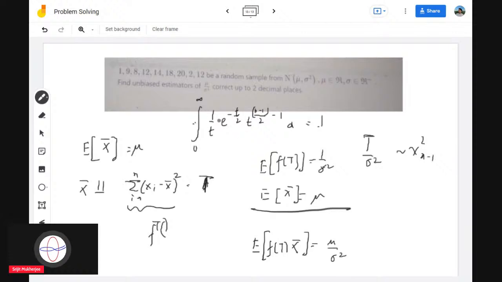The PDF of chi-square n minus 3 is coming out. So it follows the PDF of a chi-square n minus 3. Is it correct? Romit, is it correct? Anyway, there can be some small errors. Please check this distribution. It's 1, so expectation of t is 1. So expectation of 1 by t is 1.